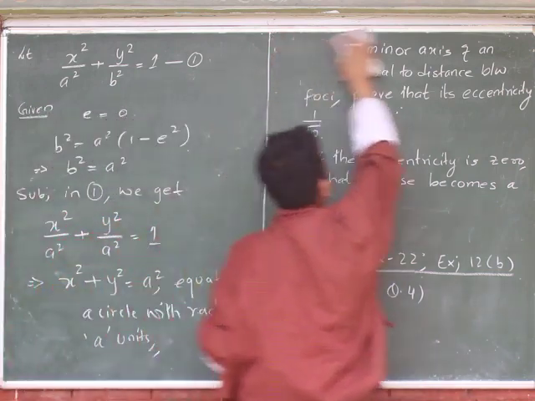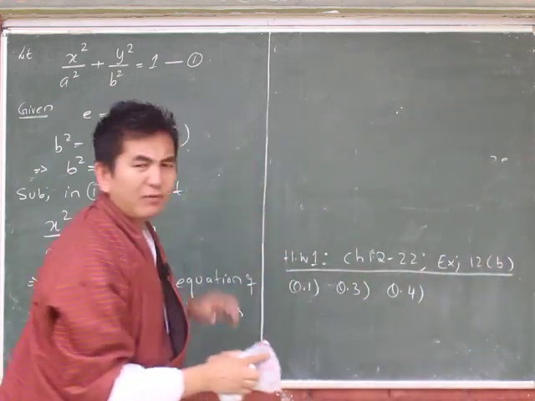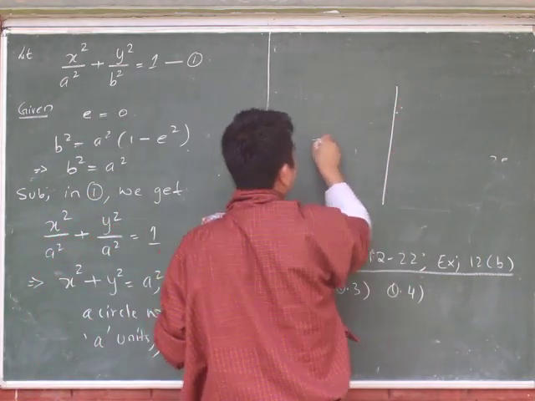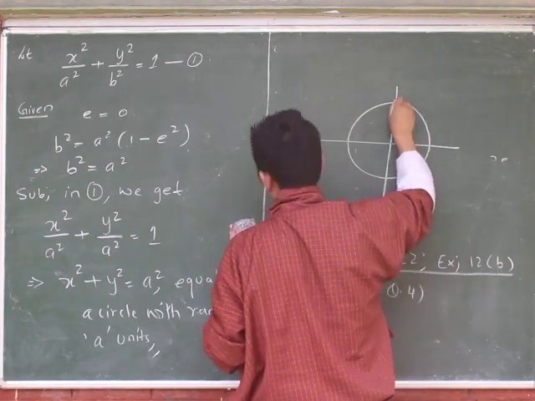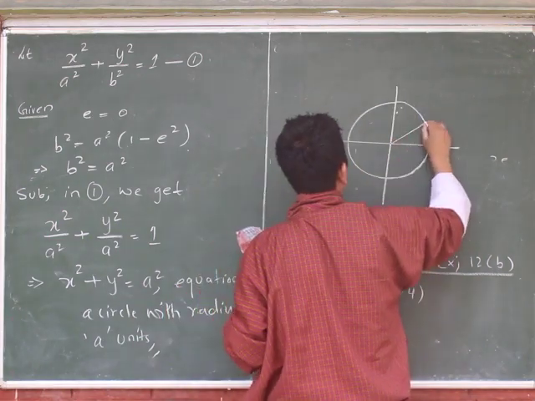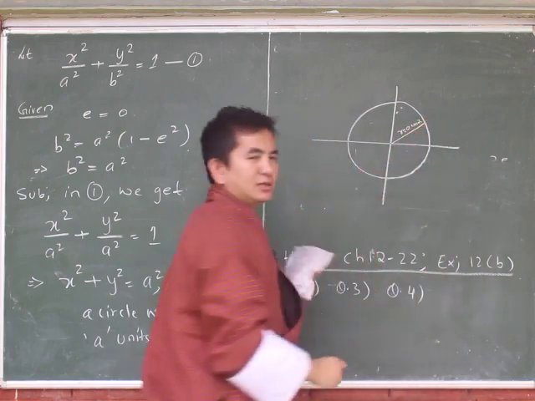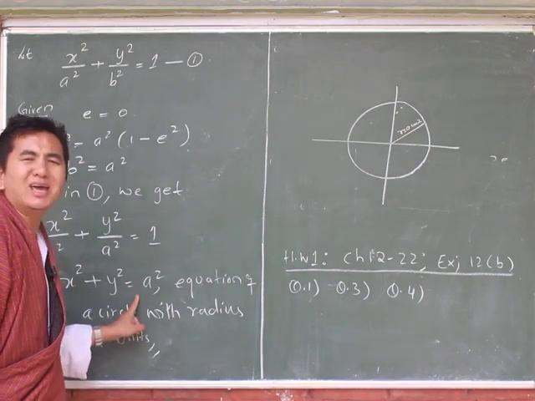See, this is now the equation of a circle. If the eccentricity value is equal to 0, the ellipse will become a circle having radius r equal to a units. So that's the meaning. x square plus y square is equivalent to a square.